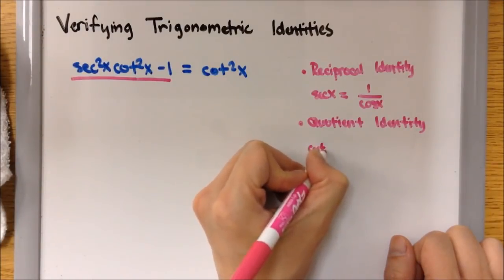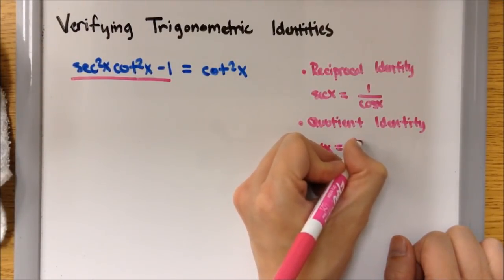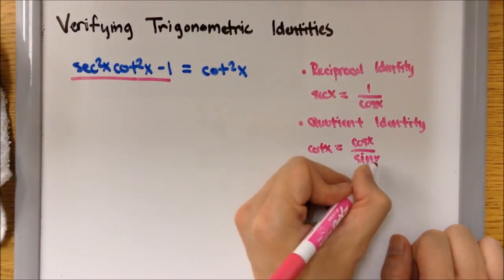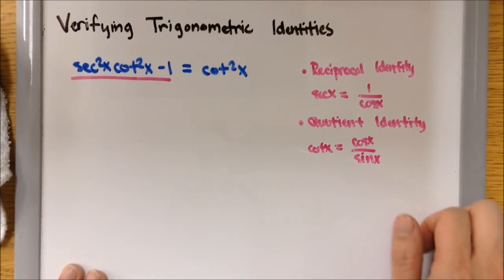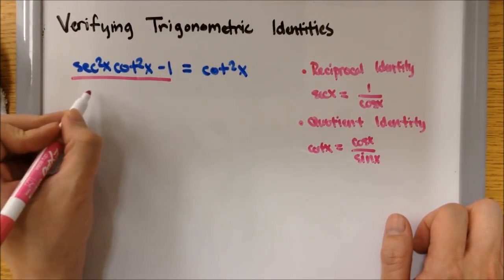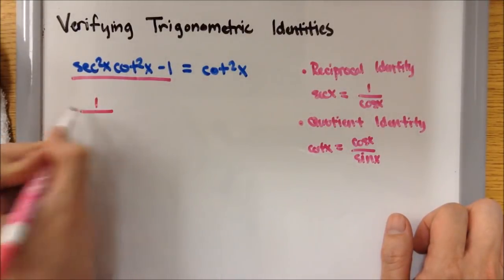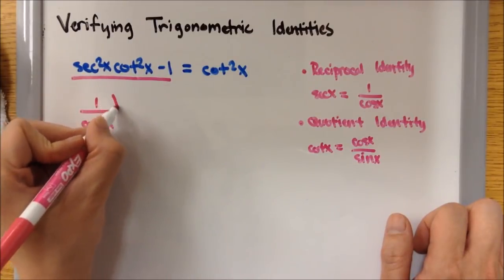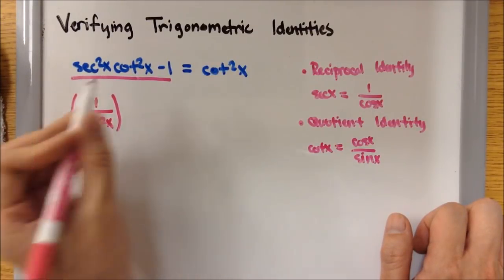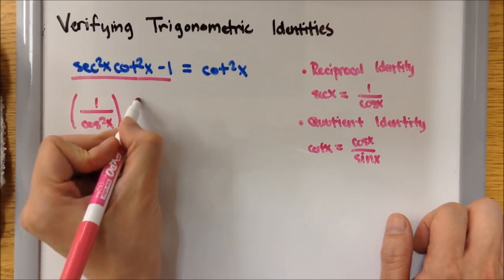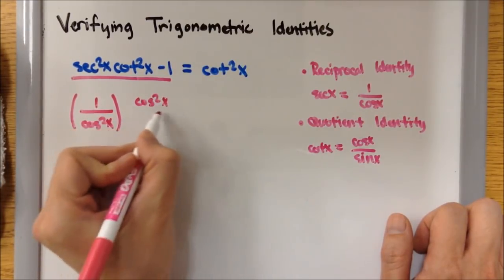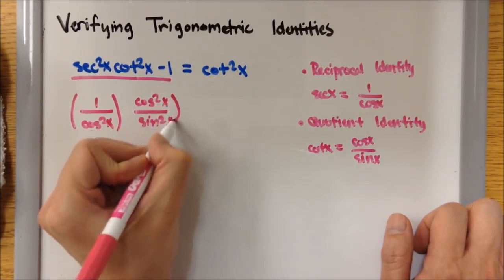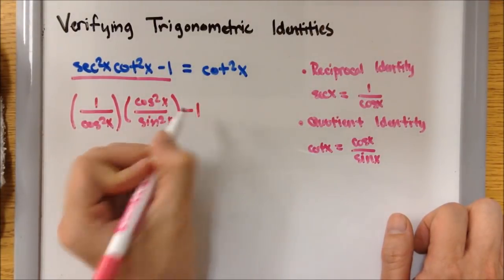So cotangent x is equal to cosine x over sine x. So secant square x will be 1 over cosine square x, and it's multiplying, so I'm going to put parentheses. For cotangent square x, it will be cosine square x over sine square x, and then the minus 1.